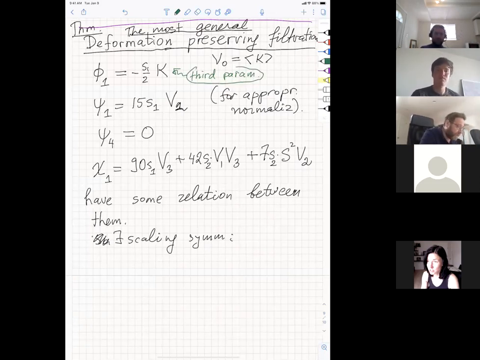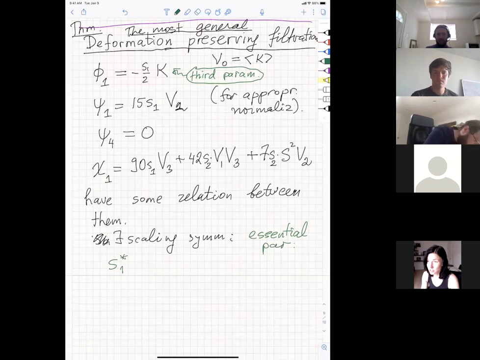And there is a scaling symmetry, which basically says that the only essential parameters, there are 2, which are S1 star, which is S1 times k squared, and S2 star equals S2 times k cubed.